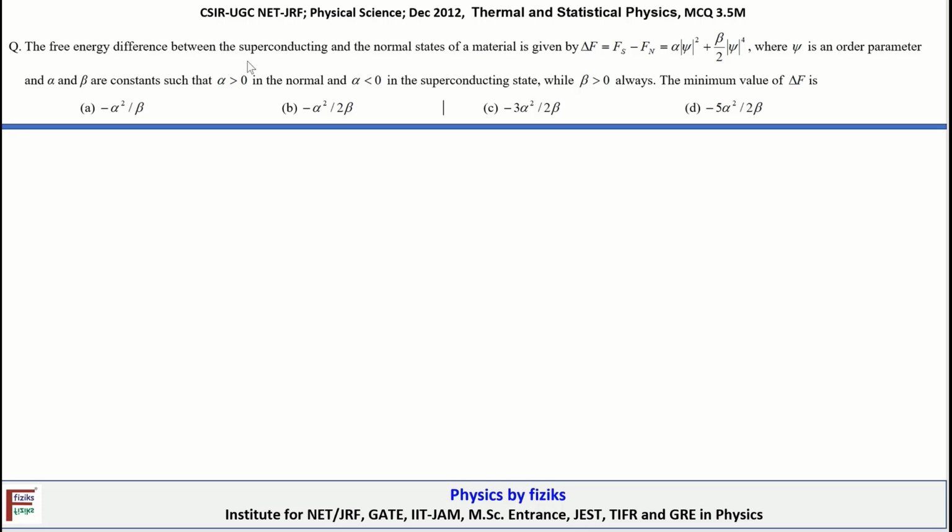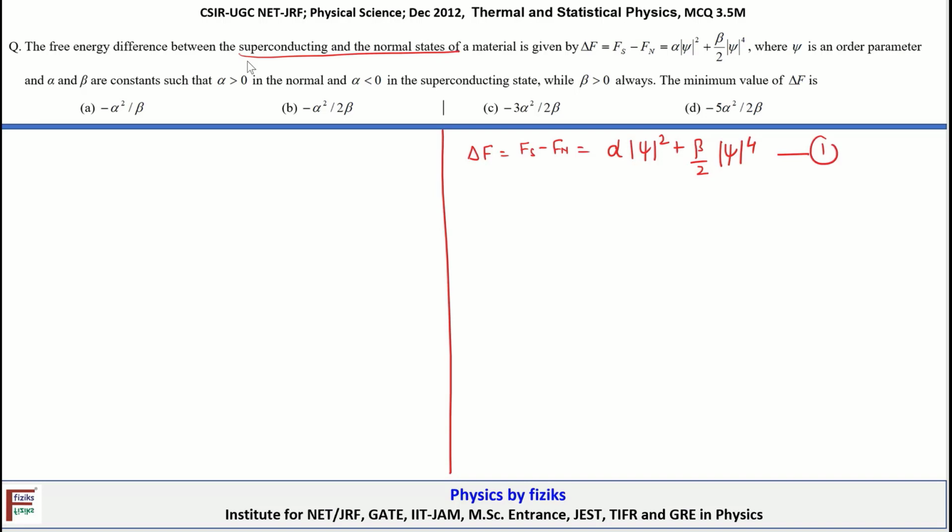The statement is: the free energy difference between superconducting and normal states of a material is given by the expression delta F, that is equal to Fs minus Fn, and that is equal to alpha psi square plus beta by 2 psi 4.